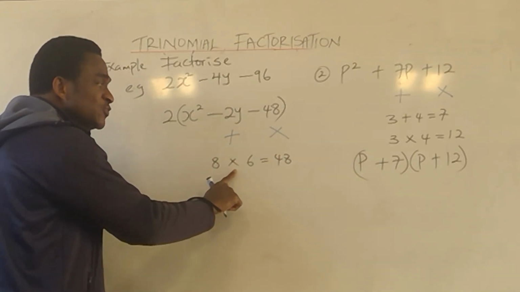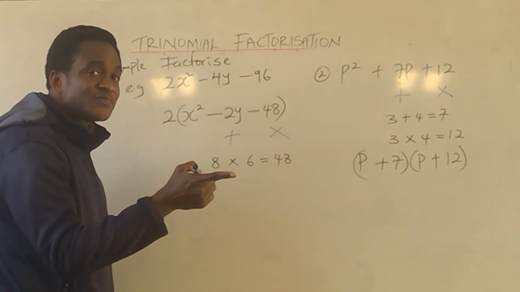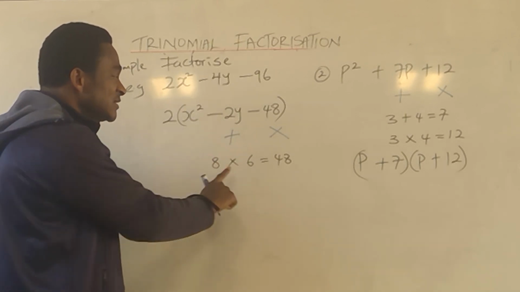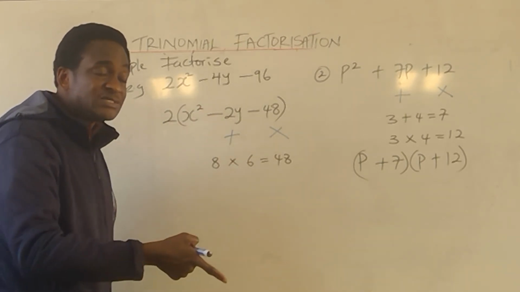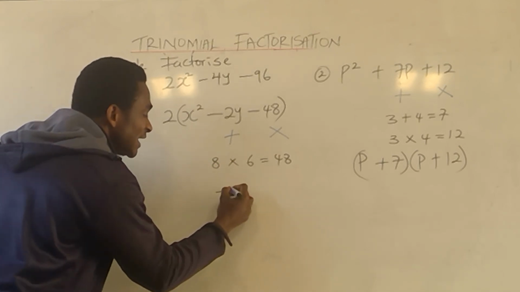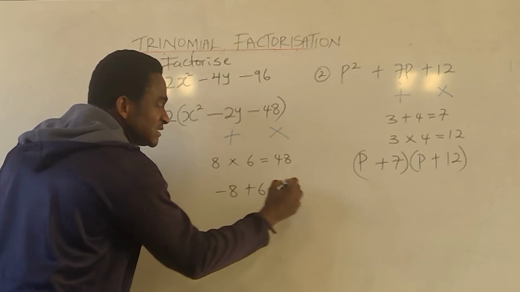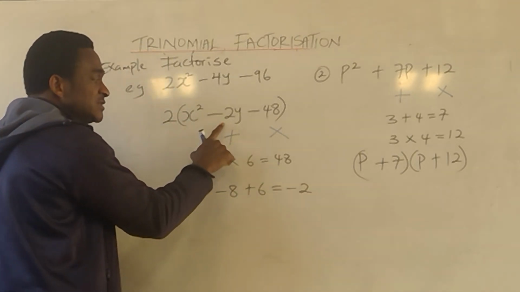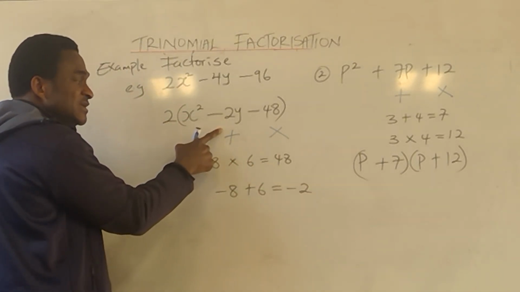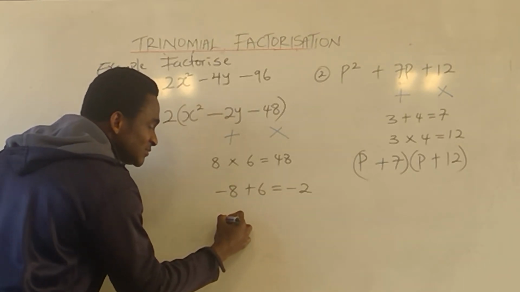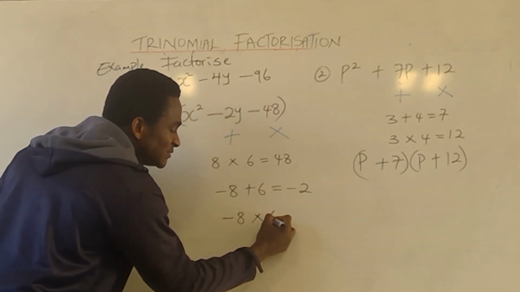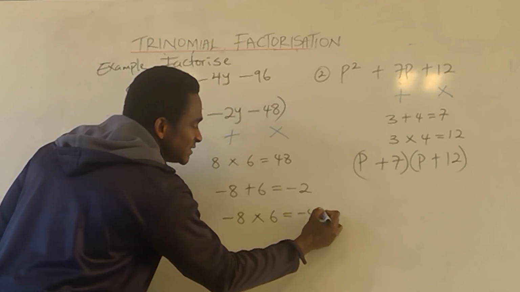8 minus 6 will not give us negative 2, but positive 2. So we will take negative 8 plus 6. Negative 8 plus 6 is negative 2, which is the middle term. Addition gave us the middle term. So we also try the same thing. Negative 8 times 6 will give us negative 48.